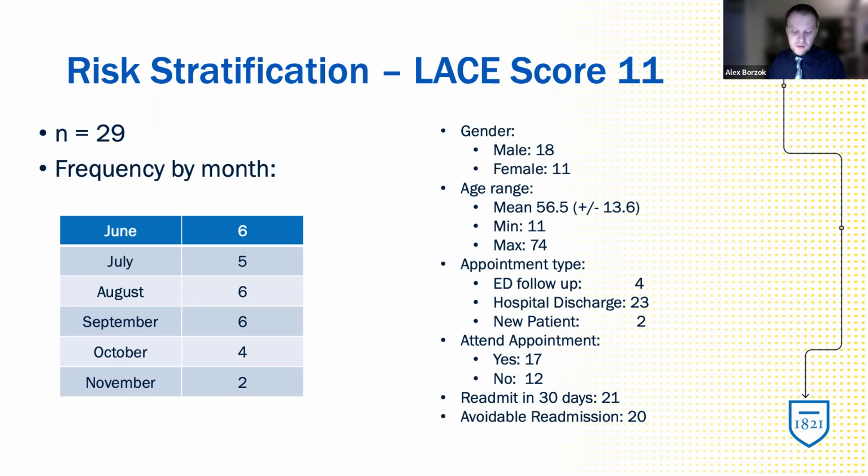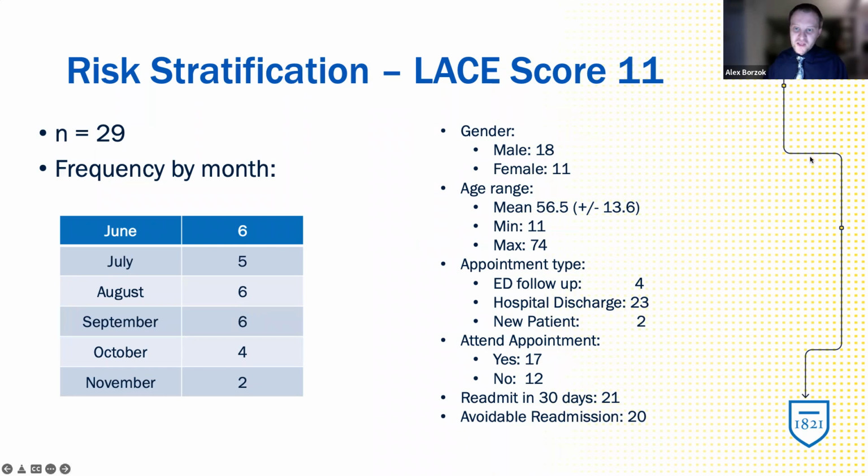We took those admissions and looked at the LACE scores to see which were the most frequent among the patients that were readmitted. The most frequent was the LACE score of 11, with 29 patients out of 307, broken down by month here. So for every month of the study period, that's the actual frequency of patients with a LACE score of 11 that were readmitted within 30 days.